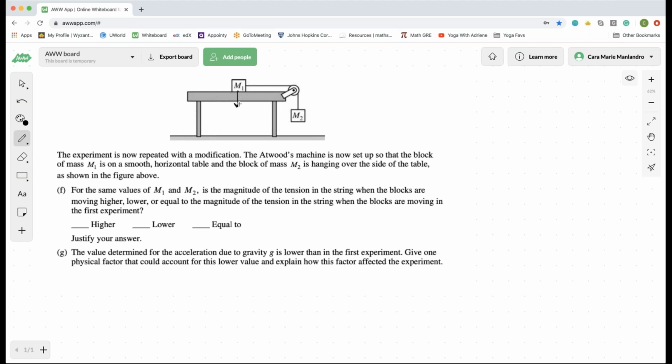Everybody agree this is going to be M1g, and then I have a normal force, and then this is tension. This guy is M2g and tension. Everybody okay with that?